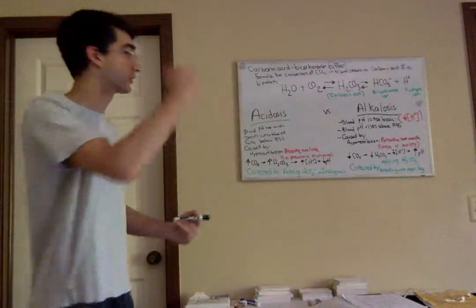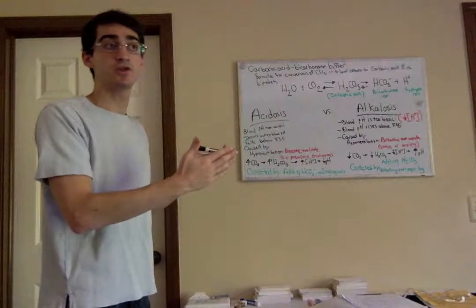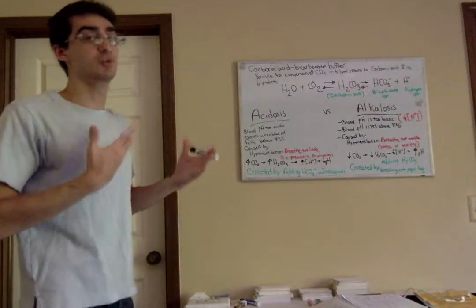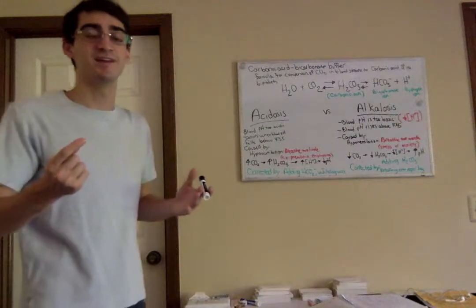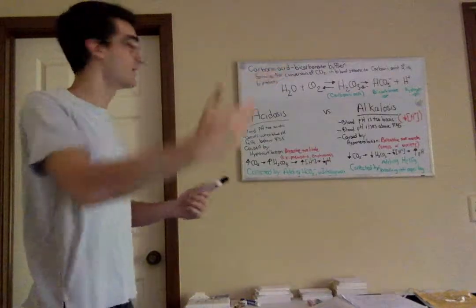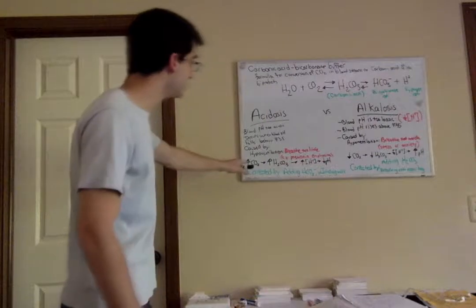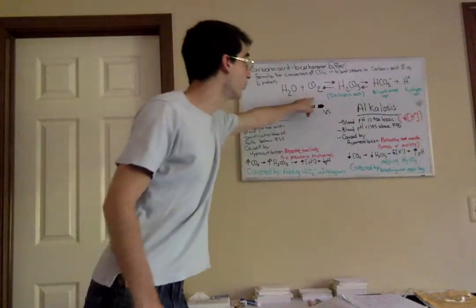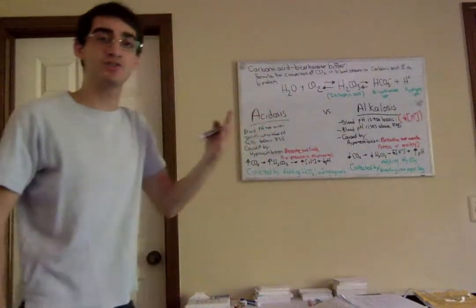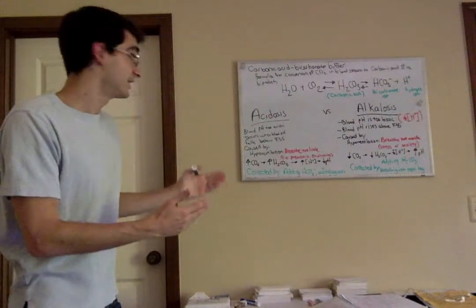By definition, with hypoventilation I am breathing too little, so I'm going to have more CO2 in my body than I am breathing out. That's why we have an increase in CO2. An increase in CO2 leads to an increase in carbonic acid, H2CO3.